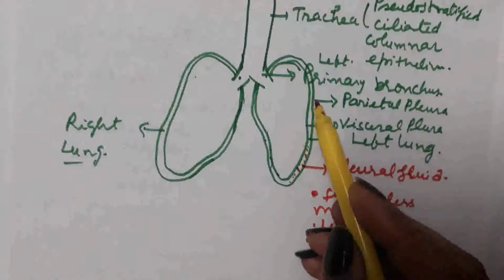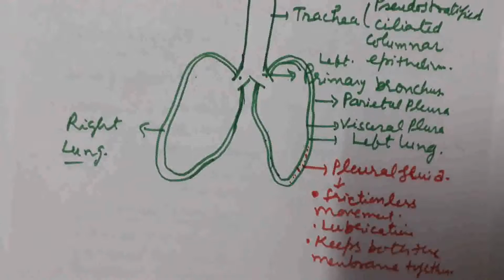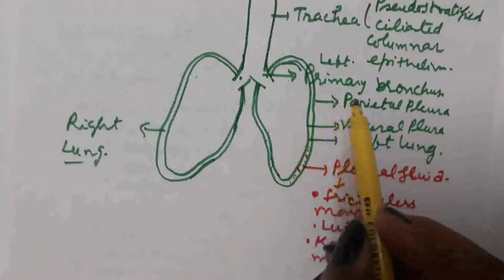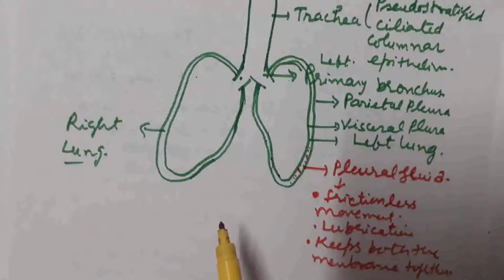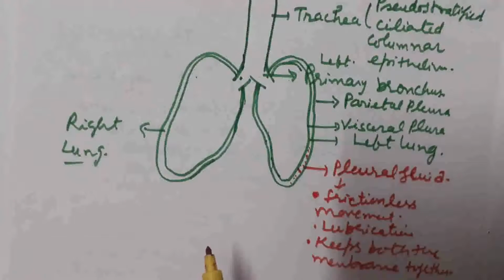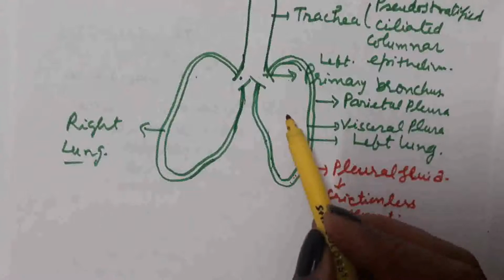The outer membrane is joined with the thoracic cavity, and when the size of the thoracic cavity increases, the parietal pleura goes along with the wall of the thoracic cavity, and along with the parietal pleura, the visceral pleura also goes outside, and the space of the lungs internally increases and the air pressure decreases.